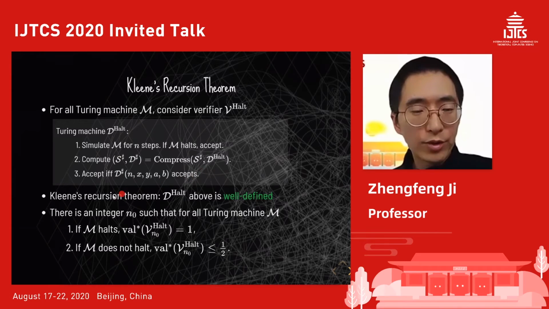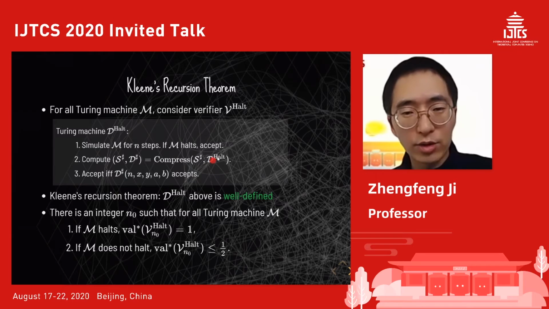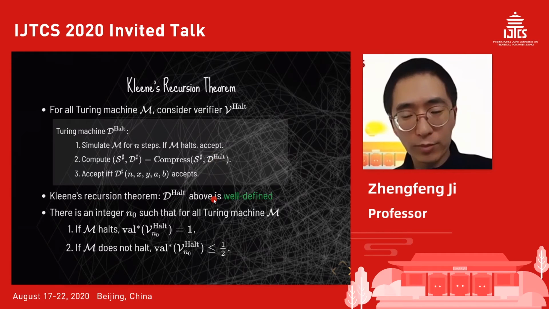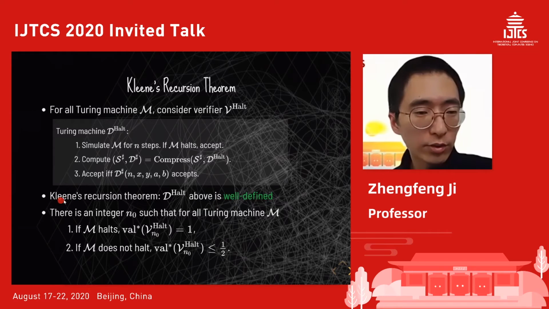Noting that the definition of this Turing machine uses the description of itself, that's something you can do for Turing machines, and that's what the Kleene recursion theorem guarantees.